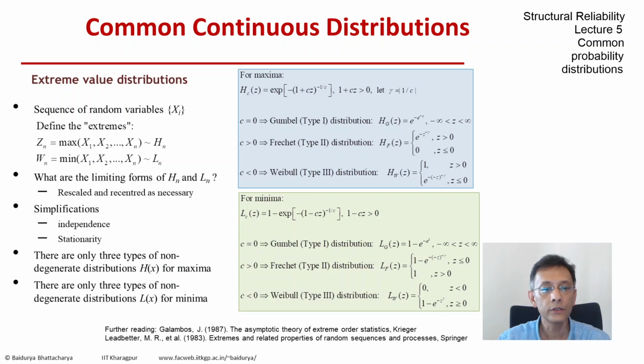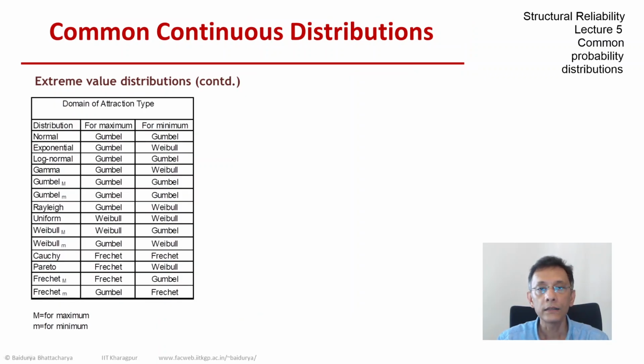Now, one thing to remember is that parent distributions, which are basically distributions of the x's, the IID x's, would give rise to only one of the three possible types for maximum and minimum. For example, if the parent distribution is normal, under the IID assumption, the asymptotic distribution for the maximum will invariably be Gumbel.